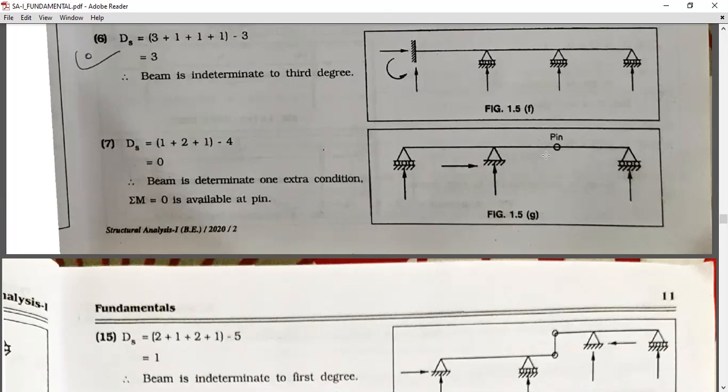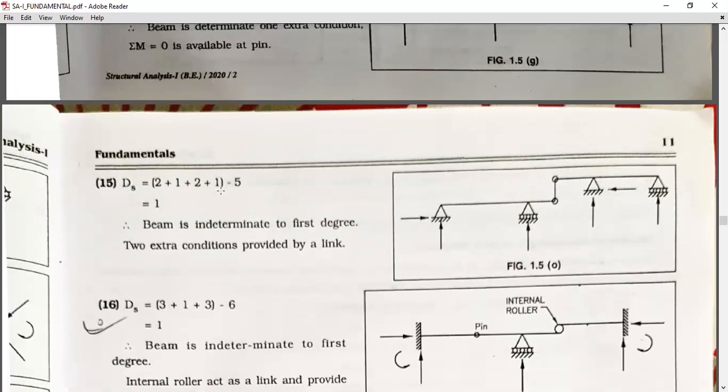That's why small r plus 1. So 1, 2, 3, 4, 4 minus 3 plus 1 is equal to 0. The beam is determinate, with one extra condition, summation M is equal to 0 available at the point of pin.